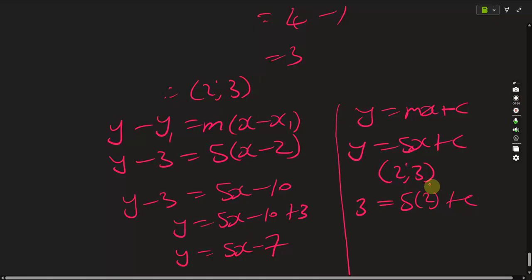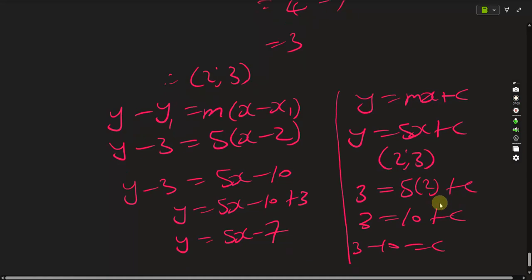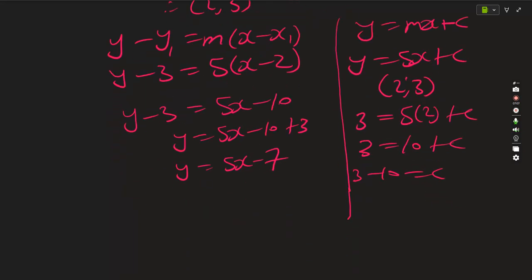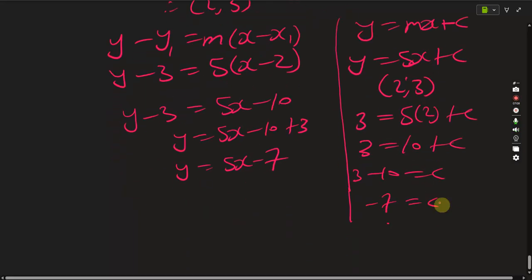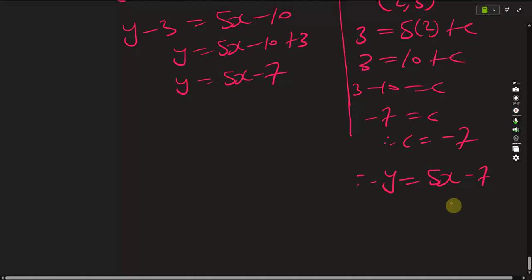So that is 3 equals 10 plus c, and then 3 minus 10 is c, and therefore minus 7 is c. Therefore c is minus 7, and then ultimately y is actually 5x minus 7. So this is the equation of the tangent.